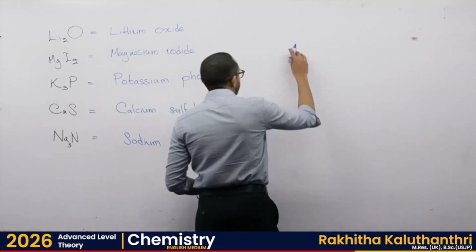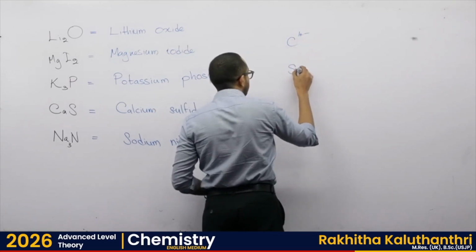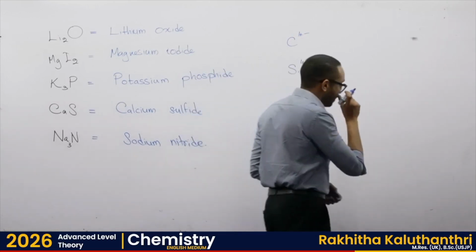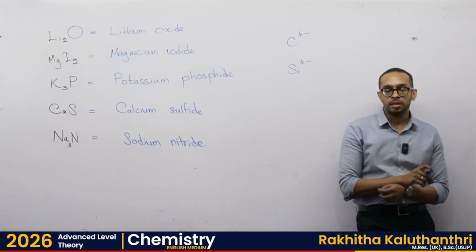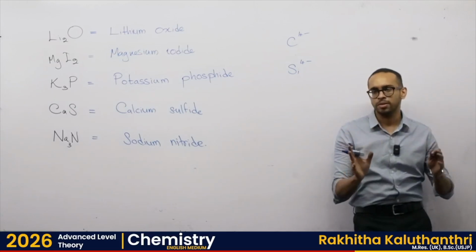So although I didn't necessarily talk about carbon forming plus or minus 4 ions, carbon can in certain cases form this. Most carbon-containing compounds are covalent, like 90% of the time.